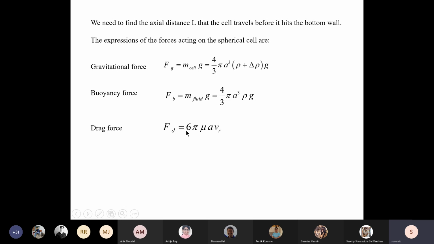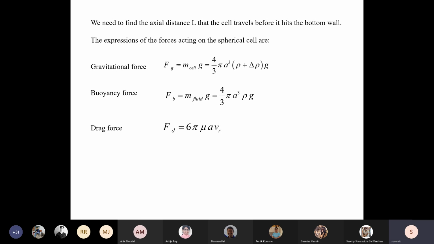But I would like to highlight the subscript of V in here. Why did I say this? These two, gravity and buoyancy, are straightforward. But when I write FD, I bring to your notice: what is the velocity that I need to use in this?